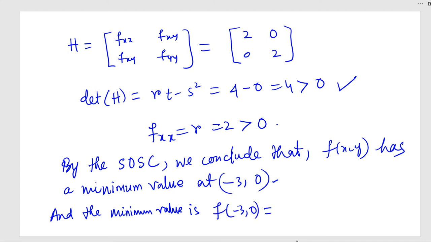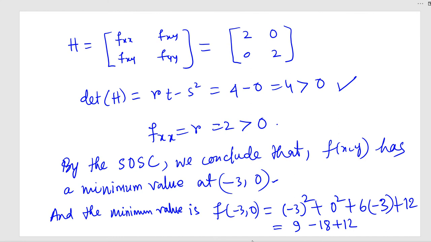so the function was x square plus y square plus 6 times x plus 12, so minus 3 square plus 0 square plus 6 times minus 3 plus 12. So this is nothing but 9 minus 18 plus 12. So 9 plus 12 is 21, and then negative 18. So this is becoming 3.